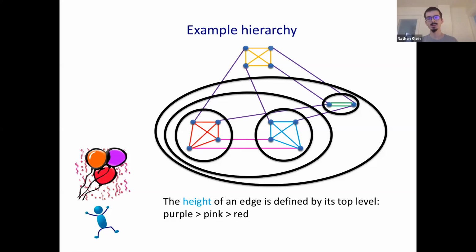And at a high level, what we'll now do is as follows. We'll initialize all slack at 0, and then we'll define local conditions for decreasing slack. We'll decrease an edge's slack when it is in no odd cuts on its top level. And this matches the intuition that we perform induction over the degree cut case. So for example, the top level of these pink edges is this pink cut.